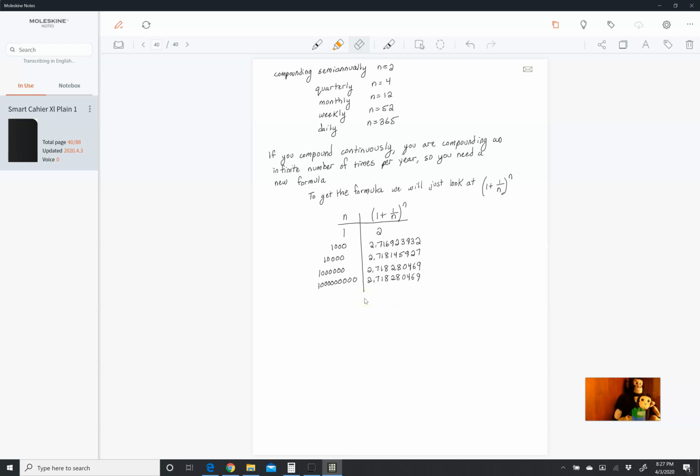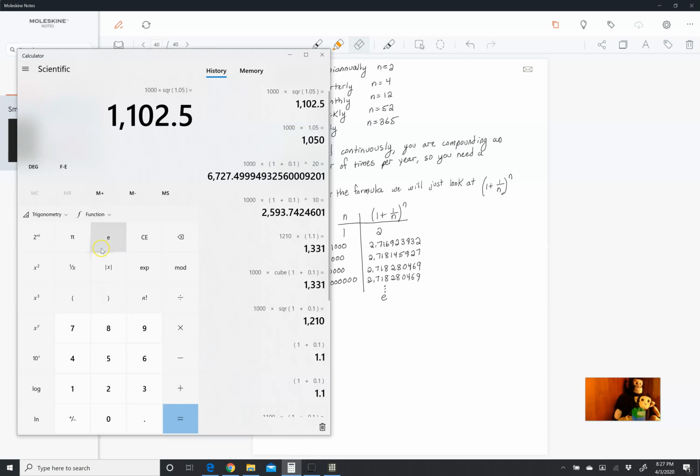Some of you have heard of this number. It's E. And E is 2.718280469, and E is on your calculator.